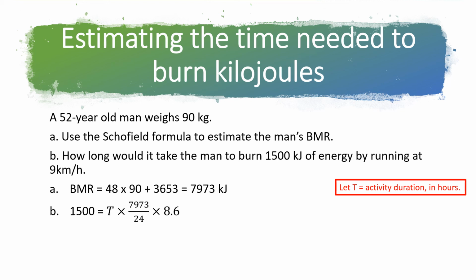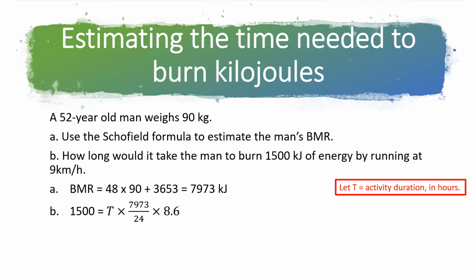So before we were calculating how much energy an activity will create, this time we know how much we want to create, so we want to know how long we're going to have to do the activity for. On that table, running at 9 kilometres per hour has a PAL of 8.6. So it's our time that we don't know this time.